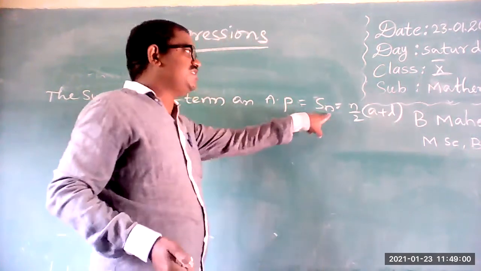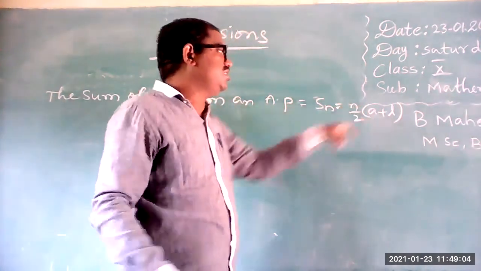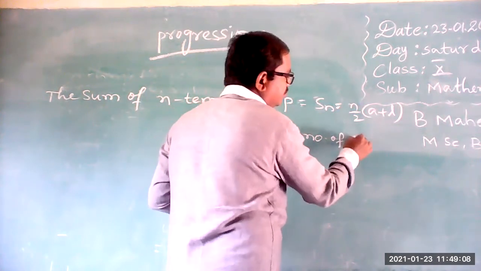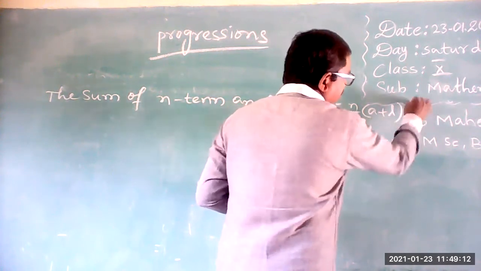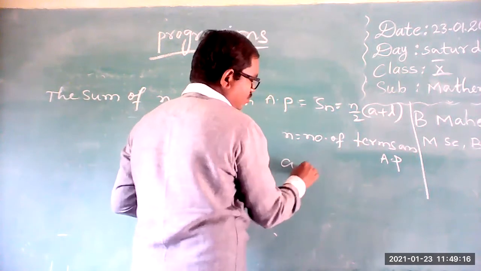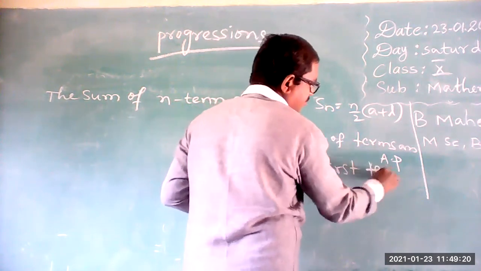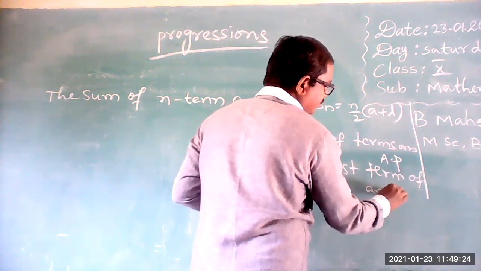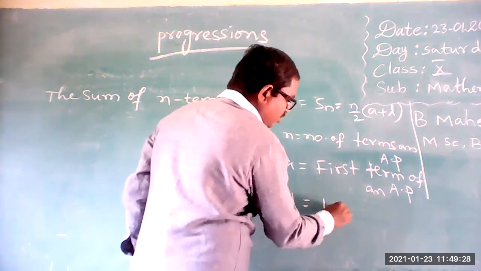Sn means sum of n terms, n is the number of terms, a is the first term of an AP, and l is the last term of an AP.